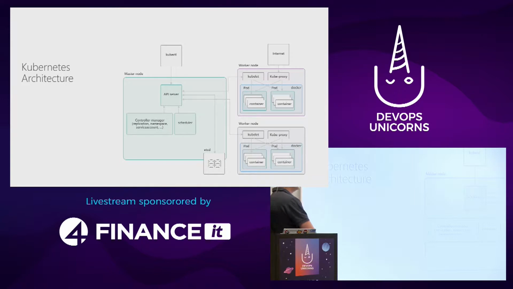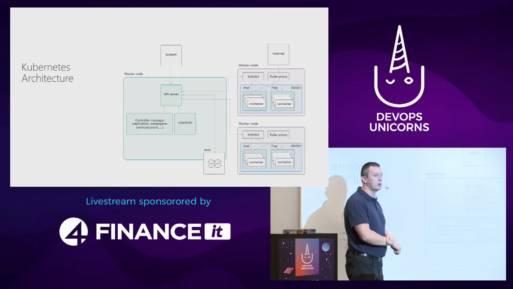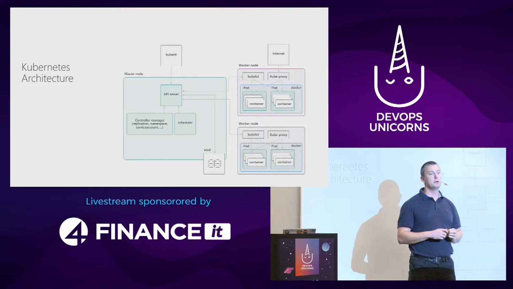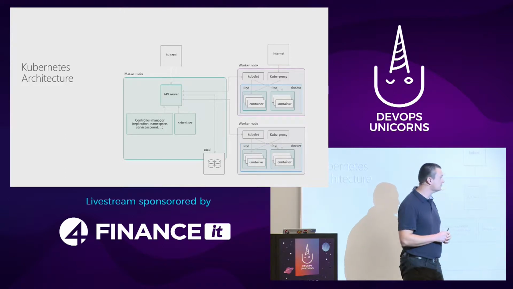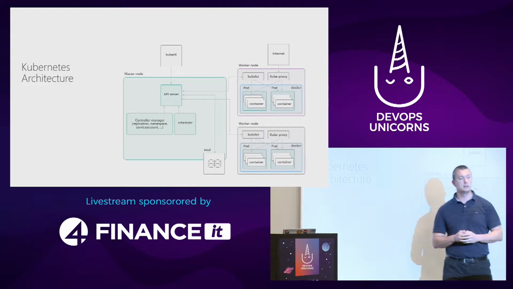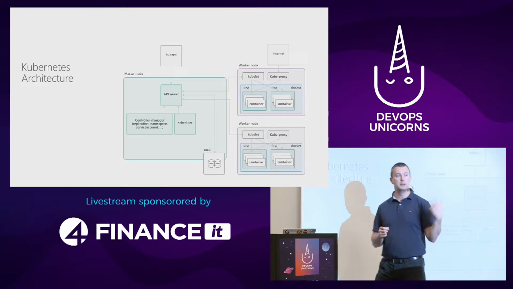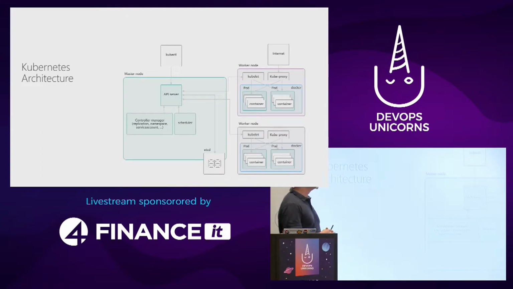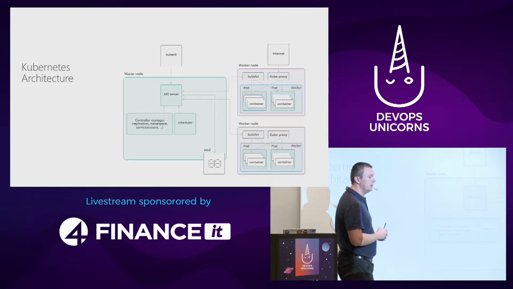The things that are doing the job in the end are the worker nodes. The worker nodes are the ones that are getting all of the information from the master node. And there is one important component on the worker node. This is basically a kubelet, which is in short a daemon, which is communicating information back to the master itself, giving it information about what is happening on the worker node.